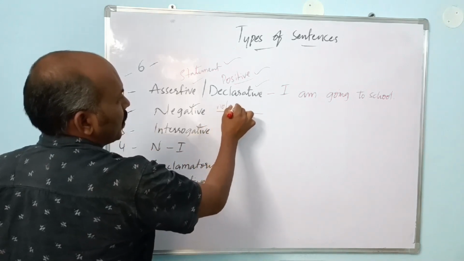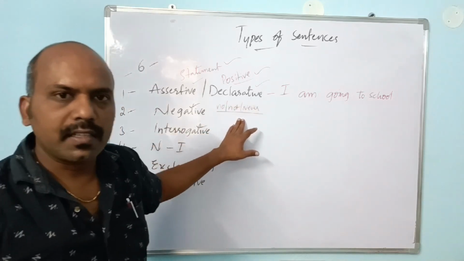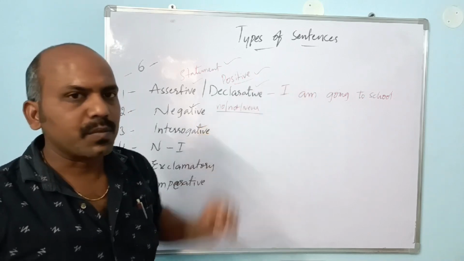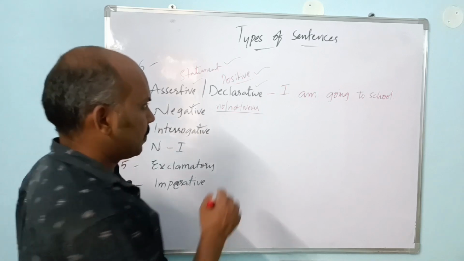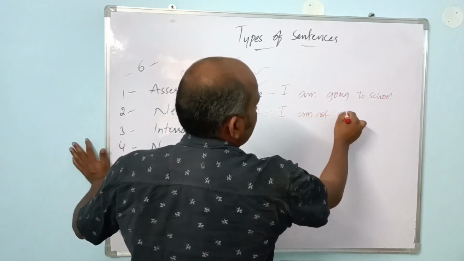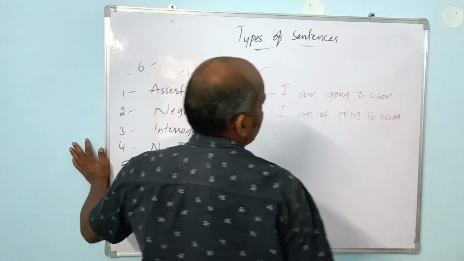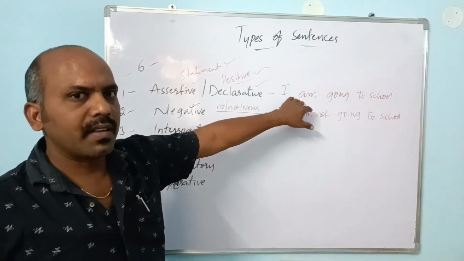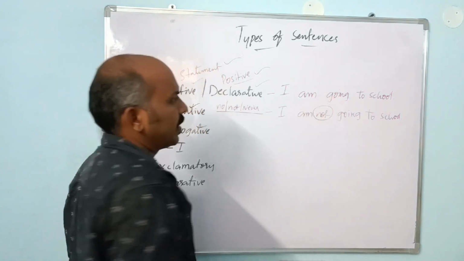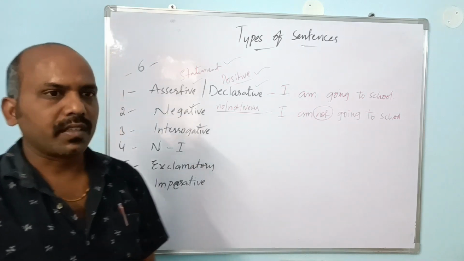No, not, and never. These words are treated as negative in English. So if we add one of these into the statement, then it comes under a negative sentence, and that is: I am not going to school. So I am going to school we treat as a statement, and I am not going to school, if we add the negative word into it, then it simply changes into a negative sentence.